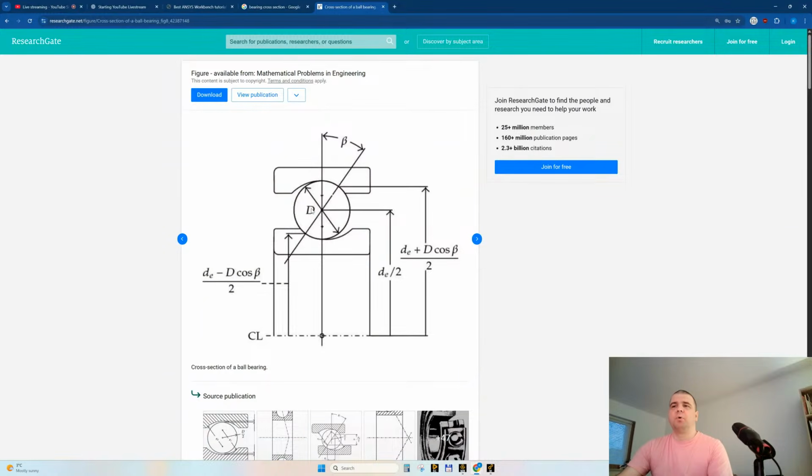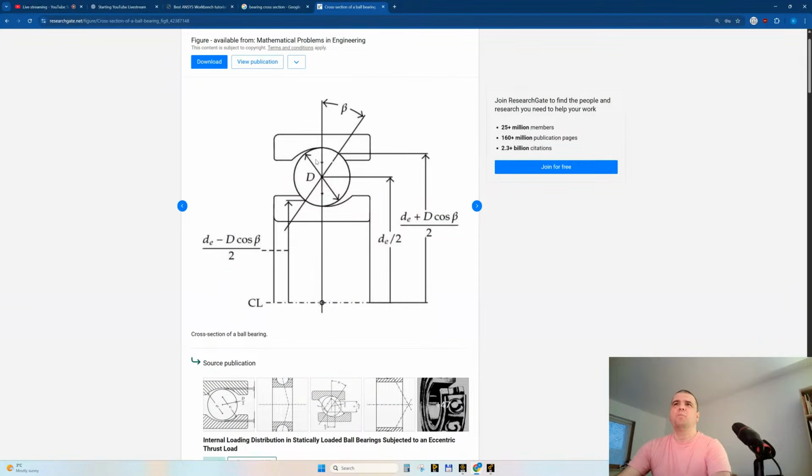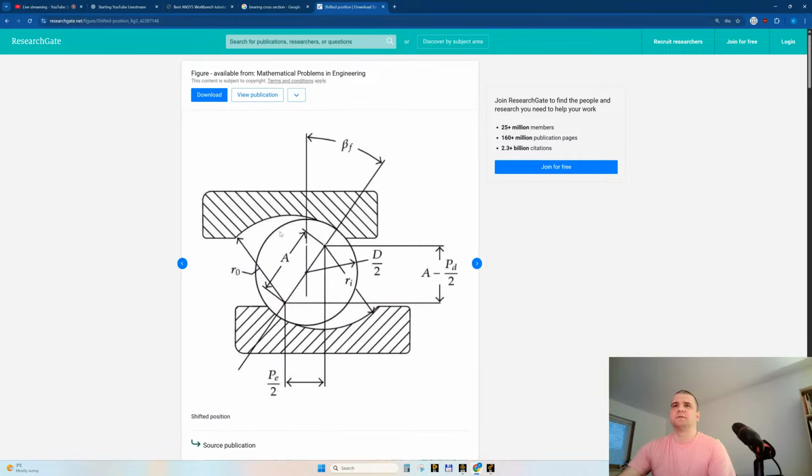In reality, the ball will not rotate every time. It will not be moved or rotated due to the race's movement, because the purpose of the bearing is to have as much of a frictionless contact as possible.